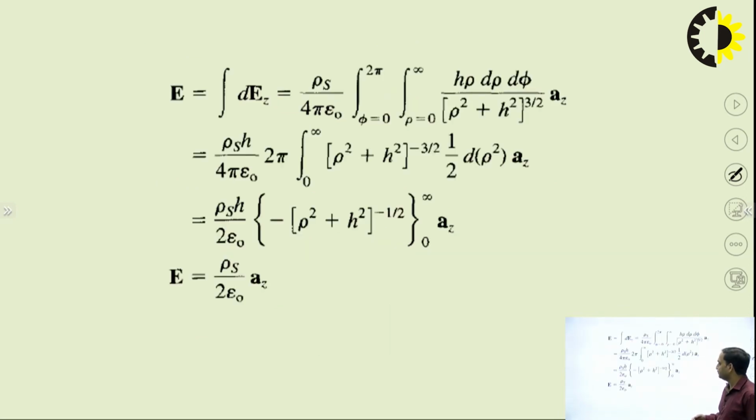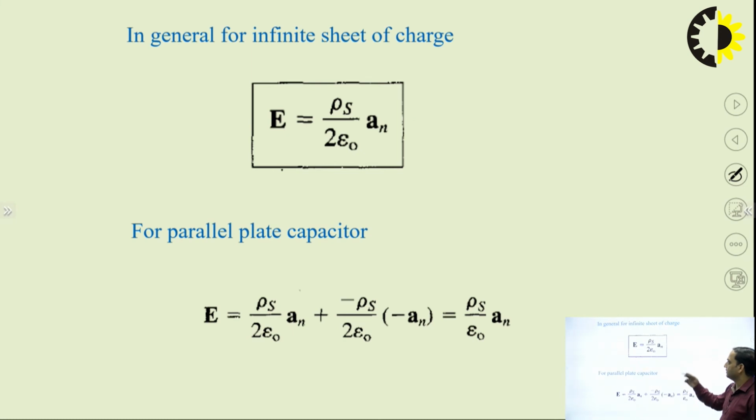So when we integrate that, it is simple integration. There is nothing tough here. So by using an infinite sheet of charge, the electric field will be rho_s upon 2 epsilon naught a_n. The difference you must know is that rho_s is the surface charge density on the sheet, right?